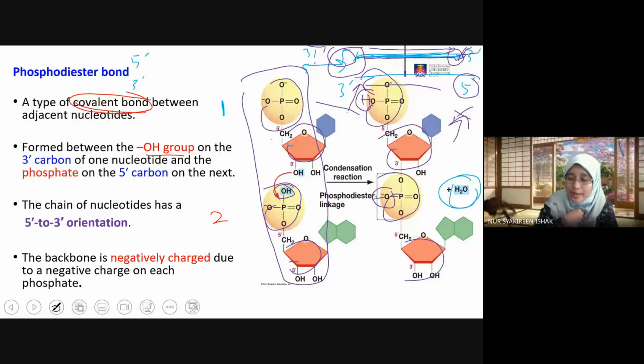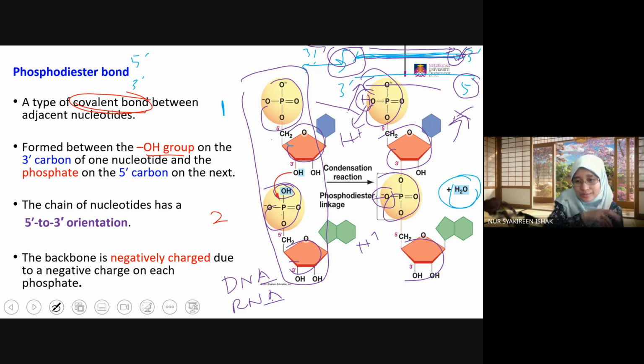So that's why the macromolecule, DNA or RNA, the polymer, is called deoxyribonucleic acid, ribonucleic acid, due to the negative charge presence here. Because it releases hydrogen ion into the solution, giving an acidic condition outside. So that's why we call it deoxyribonucleic acid, ribonucleic acids. The property of DNA or RNA is that it is negatively charged.